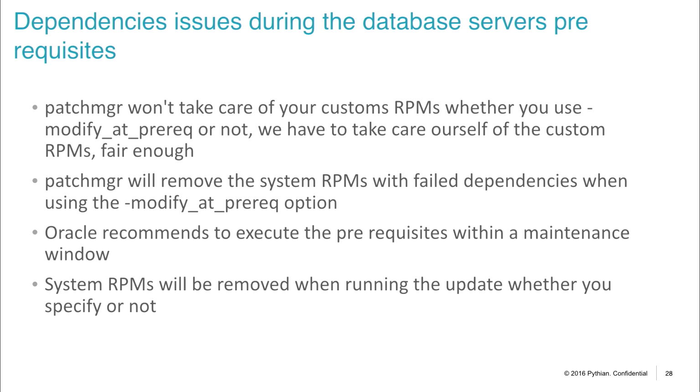So Oracle highly recommends that you execute the prerequisites within a maintenance window. One of the problems is that it can cause an outage, even though it's a prerequisite check. You're not doing the actual upgrade at that point in time.